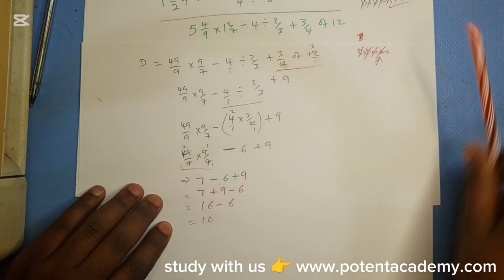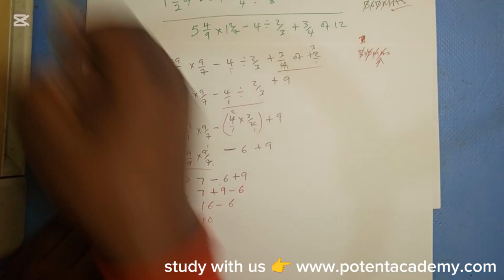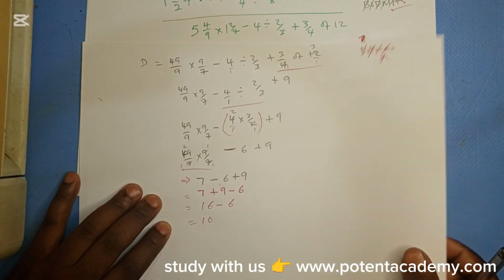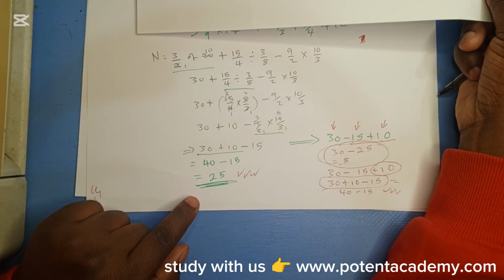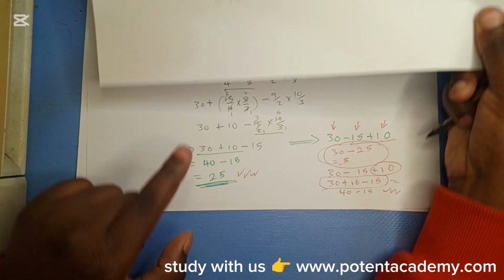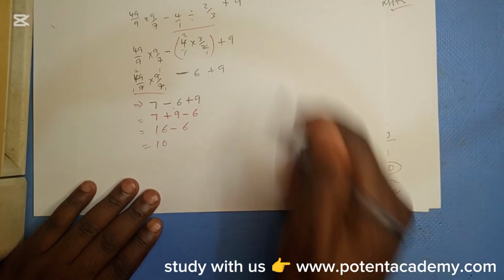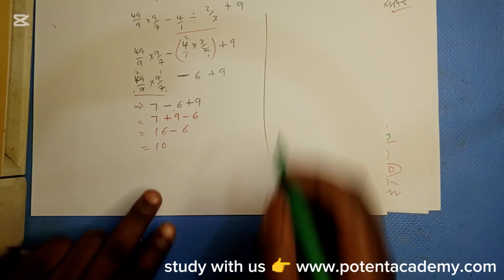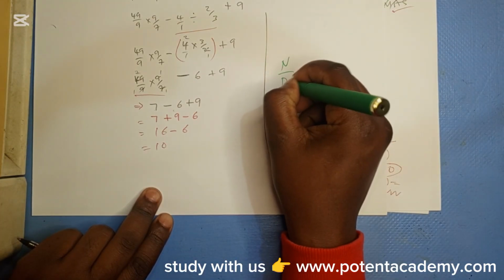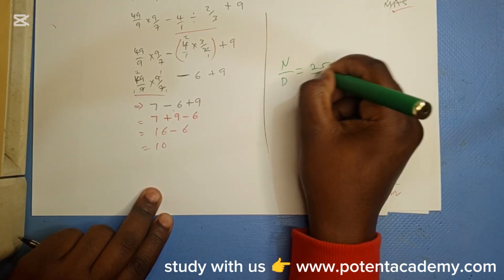So now we have the answer for our denominator and the numerator. What do we do with it? Our numerator was 25, our denominator is 10. So it is 25 over 10.